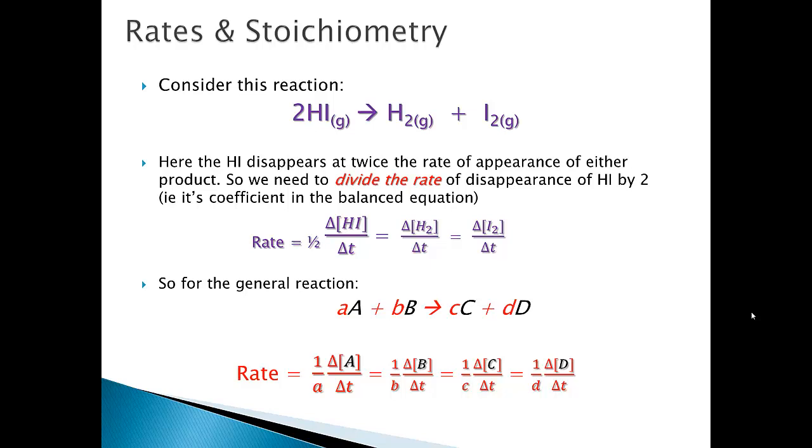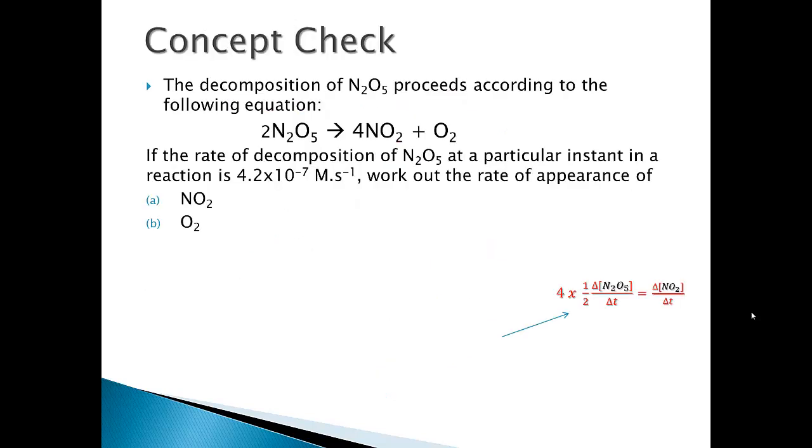So for the general reaction, aA plus bB gives us cC plus dD, it's going to be 1 on the coefficient, so 1 on a multiplied by the change in concentration of A over time equals 1 on b times delta B on delta t, and so on. So we have to go 1 on the coefficient. So this is where stoichiometry is important in rates.